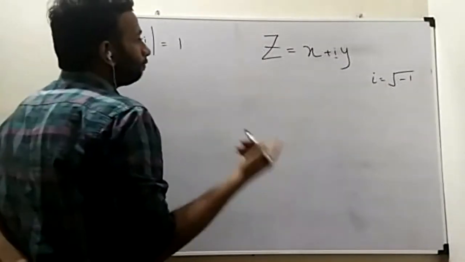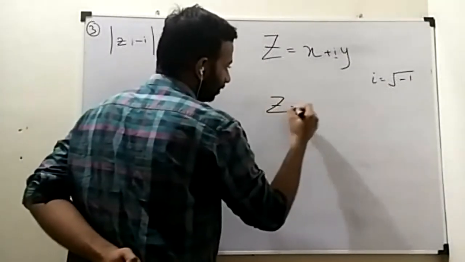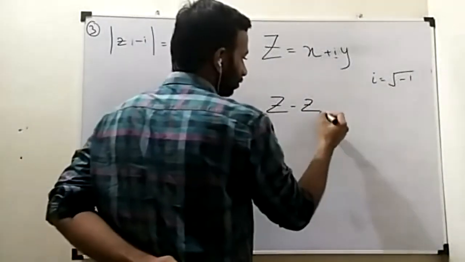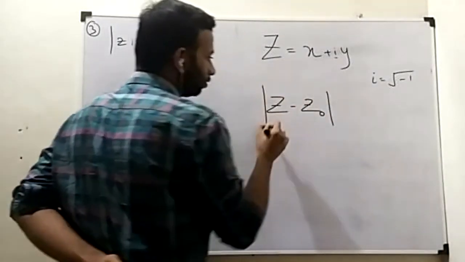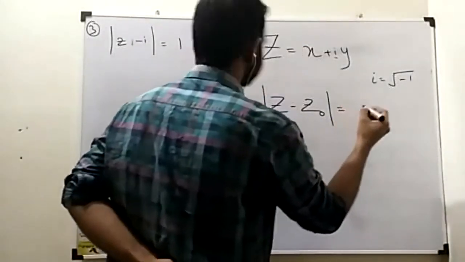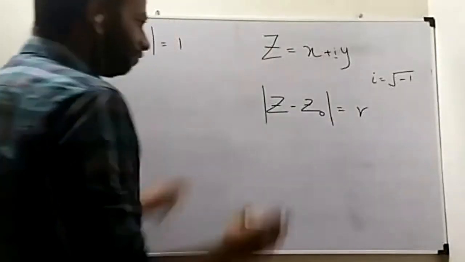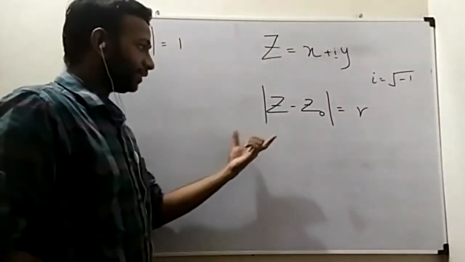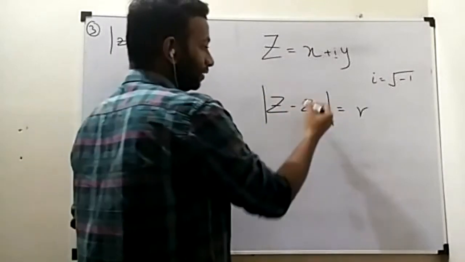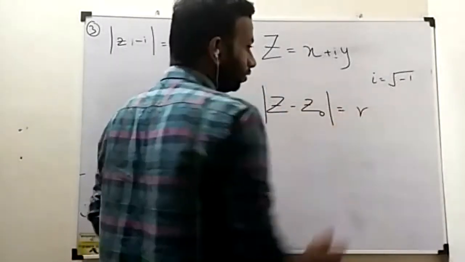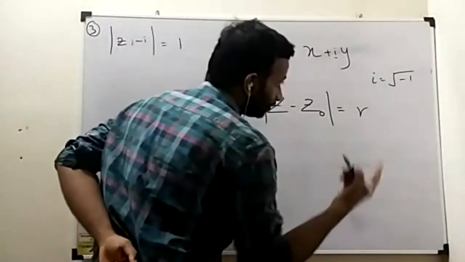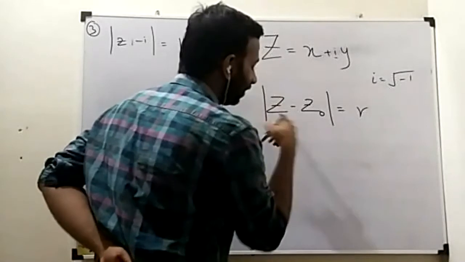So this represents Z minus Z naught, where Z naught is another complex number. The modulus value represents the distance between them. I'll draw it to be clear. There is a complex number Z, there's a complex number Z naught, and the modulus value is equal to R. So what this represents is a circle.